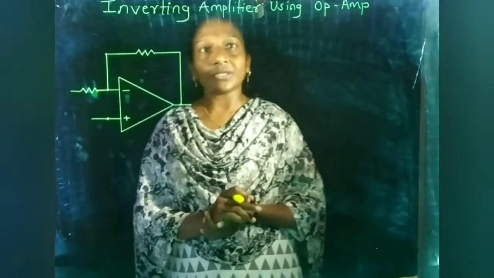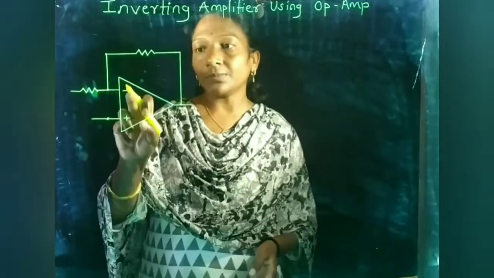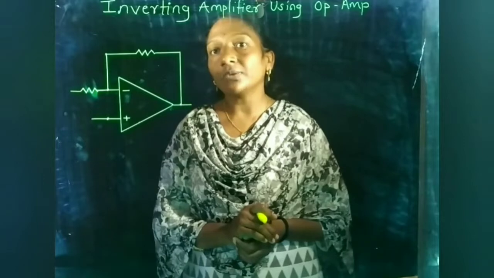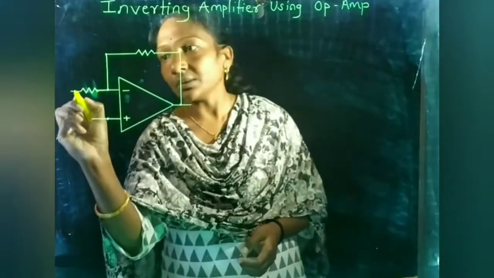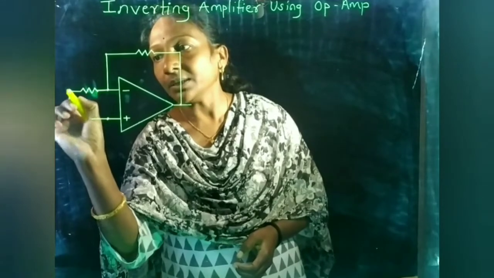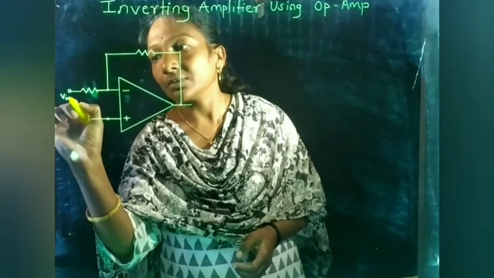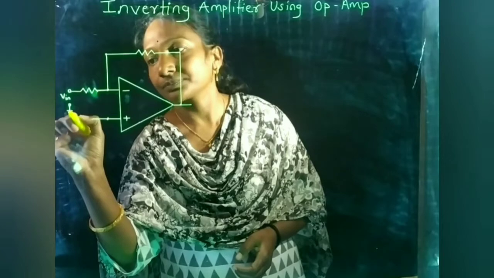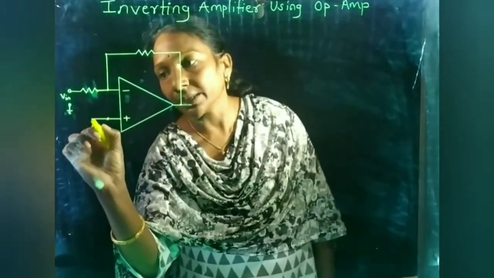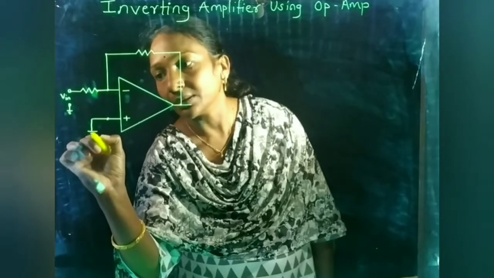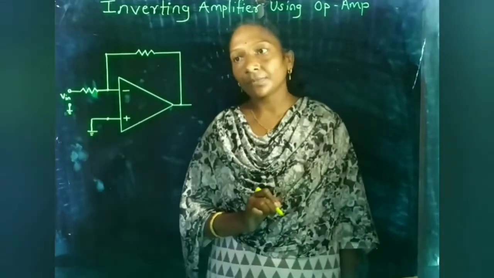Here, for the inverting amplifier, input must be applied to the inverting terminal, meaning the negative terminal. So here we apply input Vi with respect to the ground, and the other terminal, the non-inverting terminal, is grounded here.